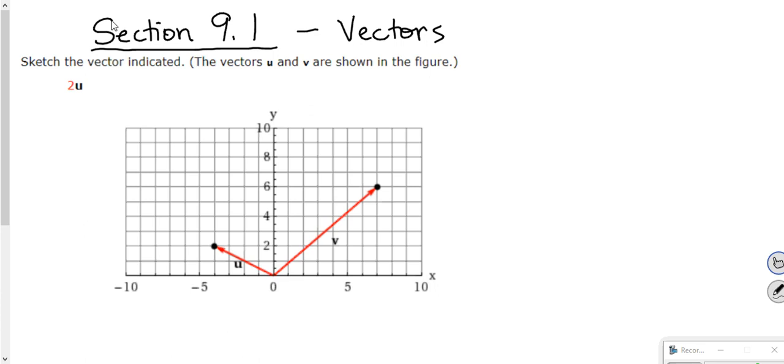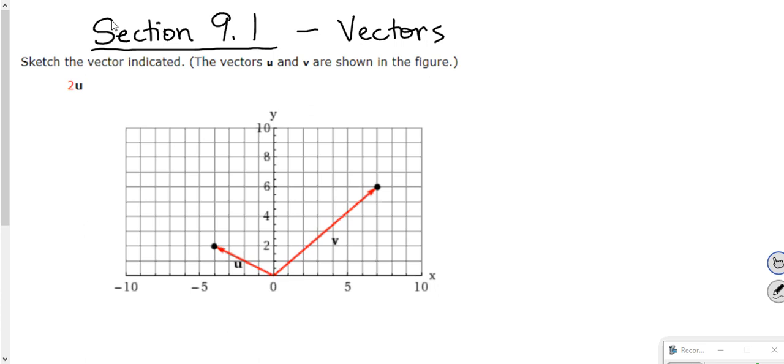Also, towards the end of this lesson, when it gets more into applicable word problems, we usually use vectors for magnitude and direction. I'll show you that when we get there, but this is vectors. So let's dive in here.